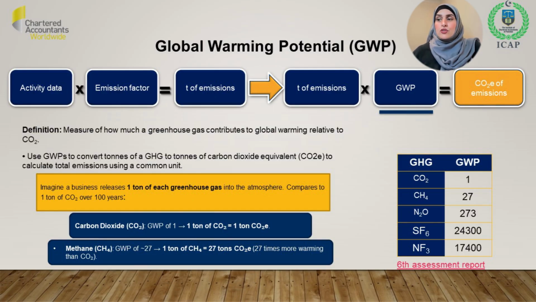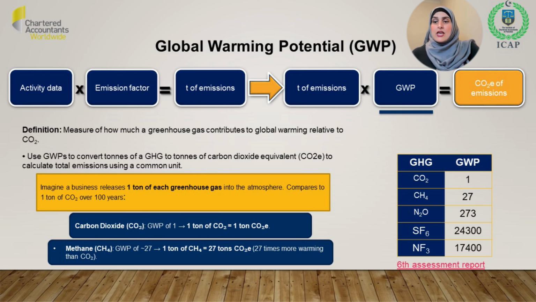So if you see here, they have given one number to carbon dioxide, and in relation to carbon dioxide they have given 27 to methane, 273 to nitrous oxide, and so on. So what they have imagined is that, suppose carbon dioxide stays in the environment for 1 year, methane stays 27 years, and nitrous oxide stays 273 years, the concentration of these gases in the environment.